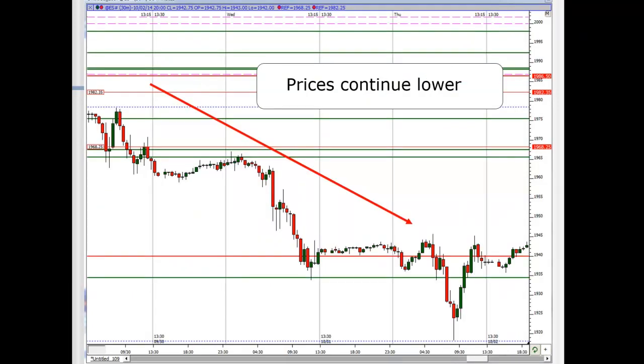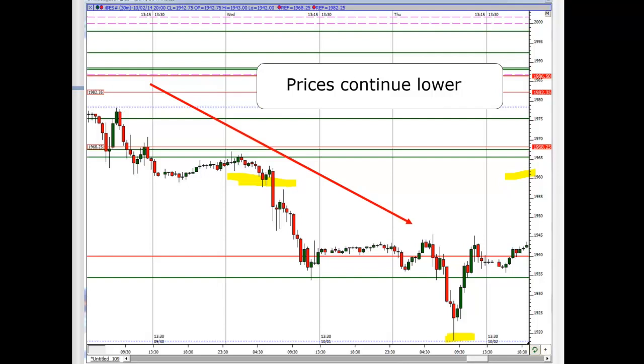Now take a look at what happens after this second fail. Prices continue to drop lower. Here's where we were looking around the 1960 level. So even if you began taking a short here, take a look. Market continues to drop and drops all the way down to 1920.